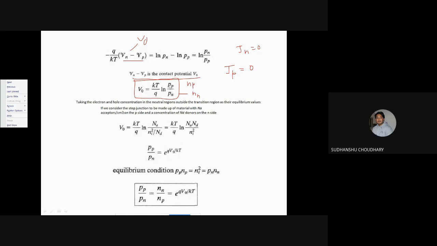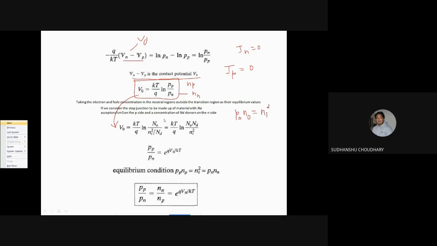Now Pp and Pn can be replaced by the acceptor impurity concentration and the donor impurity concentration in this equation. Let us try to replace Pp and Pn by the acceptor impurity concentration and the donor impurity concentration. We understood that at equilibrium, the product of the concentration of electrons and holes is equal to ni square.